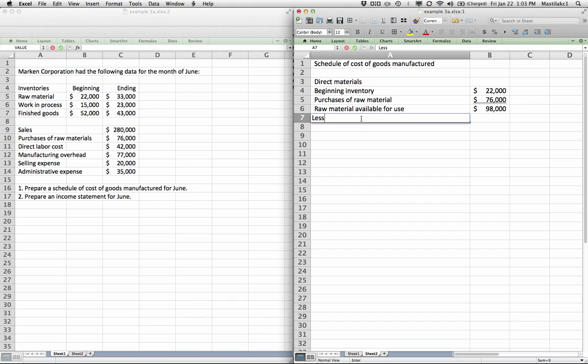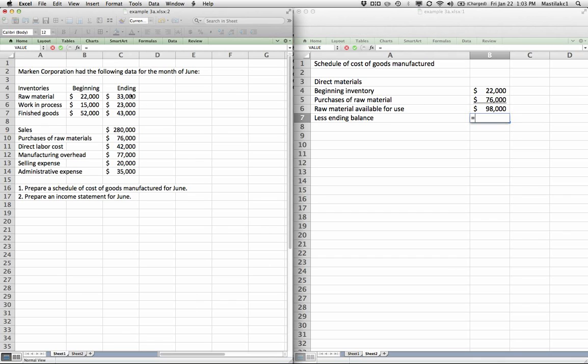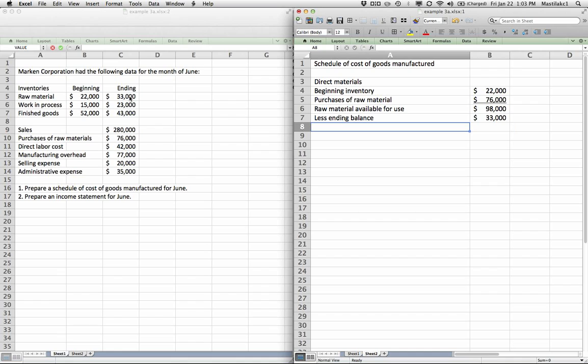Now from our given data, we know that $33,000 of it was not used. So if we have 98 available, 33 was not used, then we know the raw materials used in production must be the difference. So $65,000 worth of material must have been used in production.